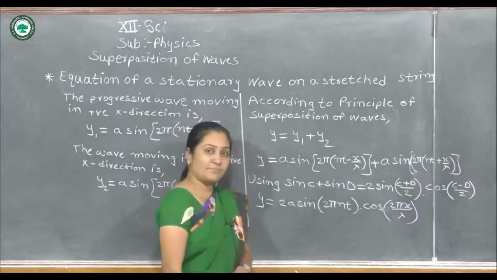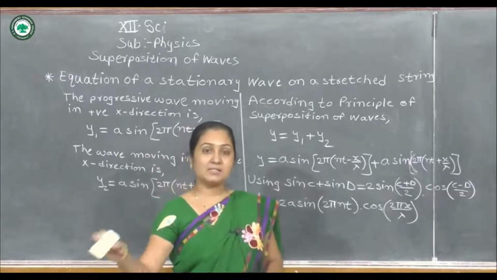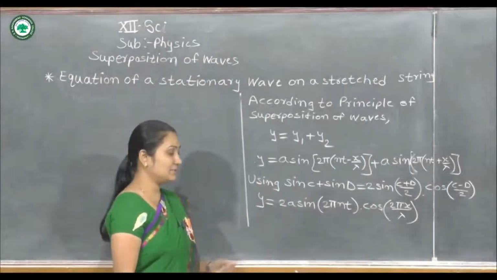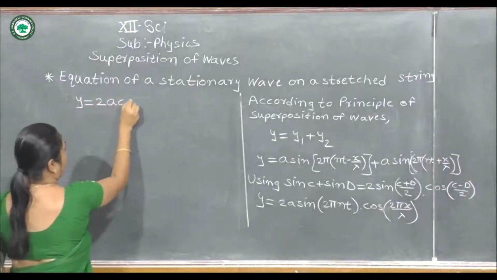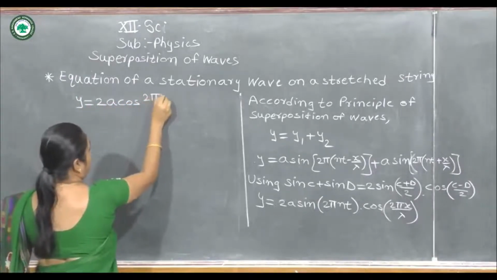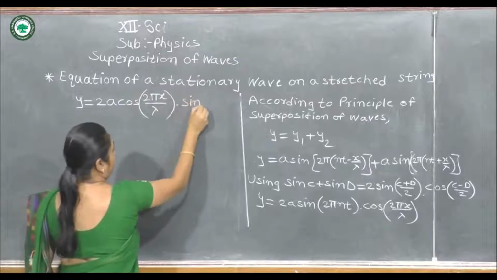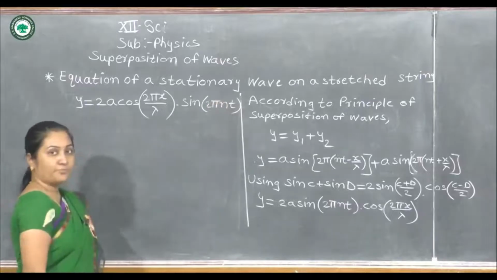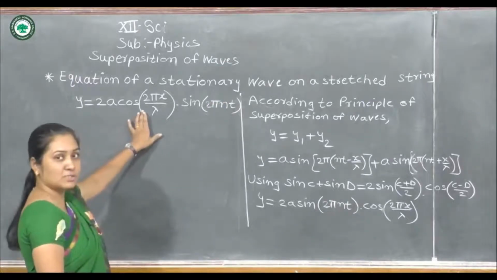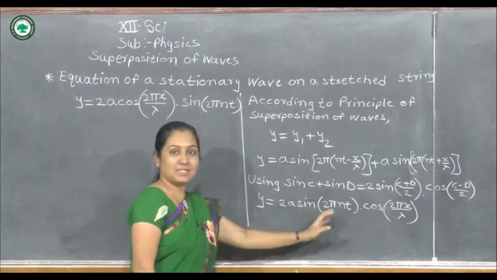Now from this equation we can rearrange this equation. By rearranging the same equation we can write y is equal to 2a cos 2 pi x upon lambda into sin 2 pi nt. We only interchange these terms.